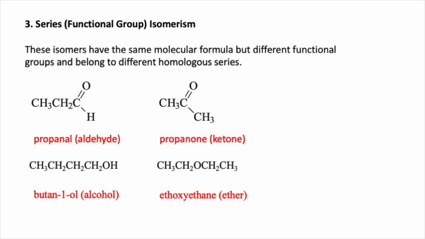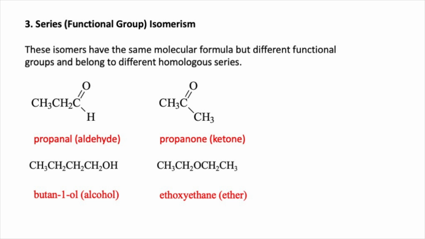That would be CH3 bonded to CH2, CH2, CH2 bonded to an OH. Now this compound would have a series isomer, and that would be an ether. And an ether has an alkyl chain bonded to an oxygen, bonded to another alkyl chain.